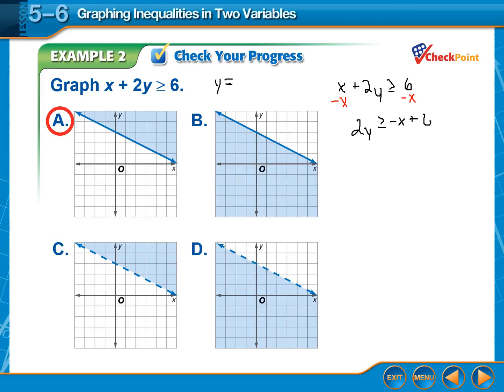And now I need to get rid of the 2 that's here. So I take 2y and I divide it by 2. I take negative x and I divide it by 2. I take 6 and I divide by 2.